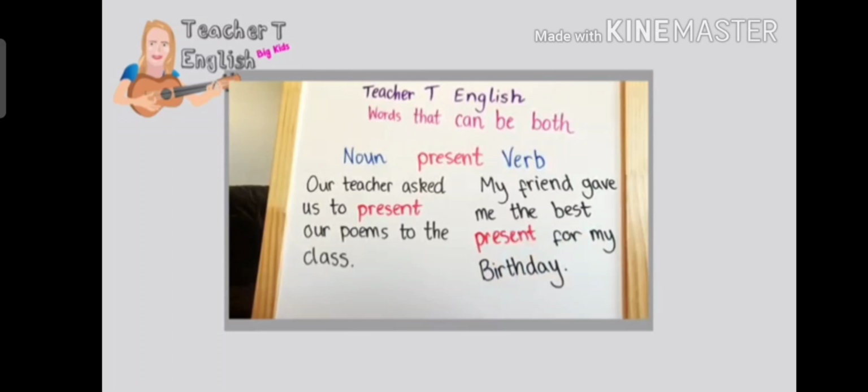And in this sentence, our teacher asked us to present our poems to the class, she is asking us to present our poems. That means we are doing an action. So this sentence should be considered under verb. Whereas this statement, my friend gave me the best present, should be considered under noun, because best present is a naming word.